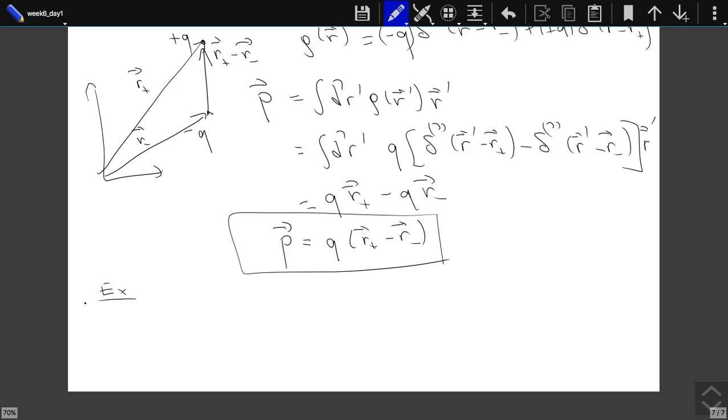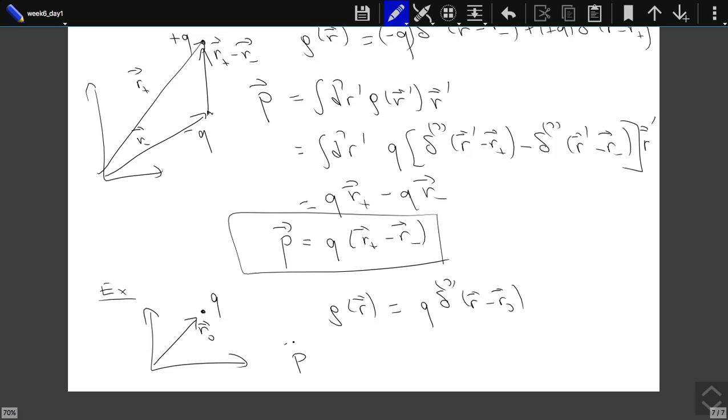Let's look at the single point charge. Does it have a dipole moment? Let's see if our definition tells us that it has 0 dipole moment. Let's say it is located at the point r0. What is the charge density? It will be a 3-dimensional Dirac delta at the point r0.